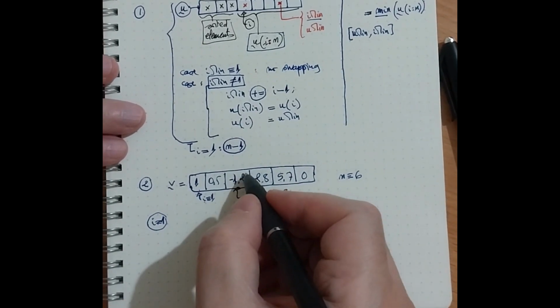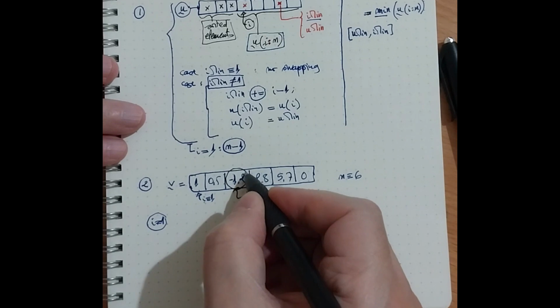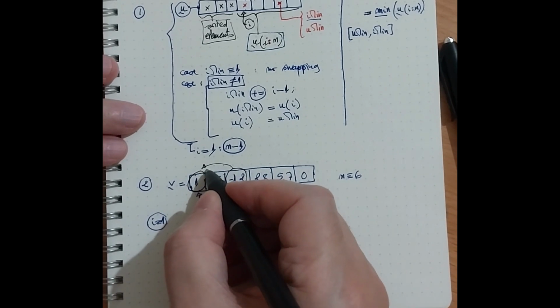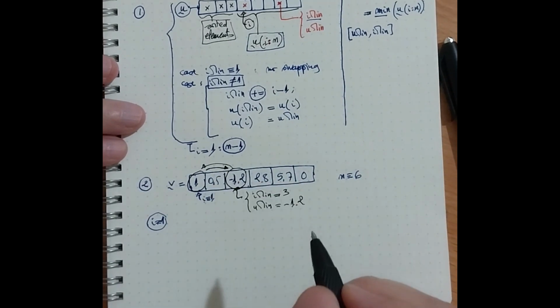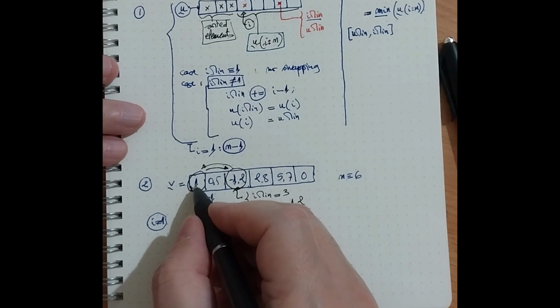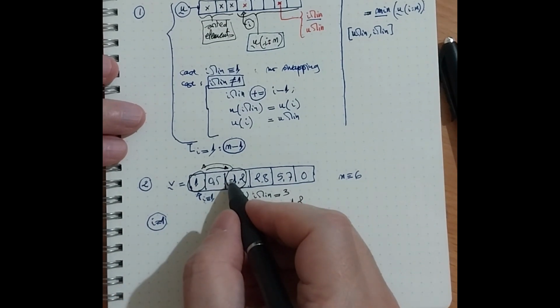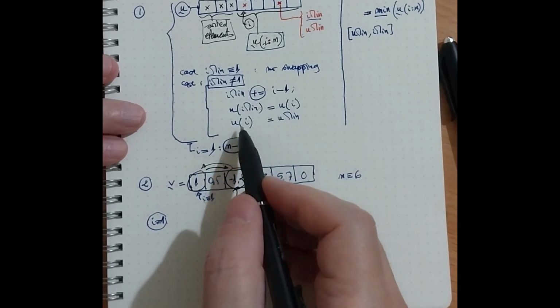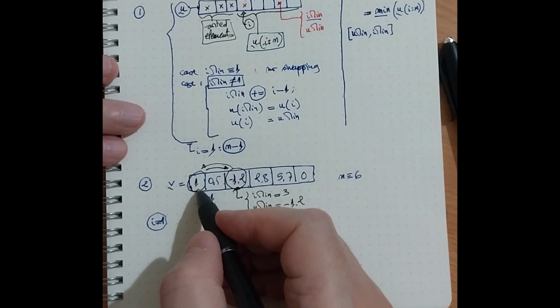Then what we do, we swap: the value here becomes here, and the value here becomes here. We set first U min, because if we set U I first, we will erase the value in this box.